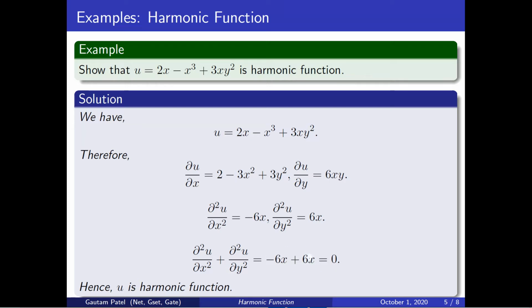Minus 6x plus 6x, we get 0. Therefore u satisfies the Laplace equation, hence u is a harmonic function. This is the method to prove whether a given function of two variables is harmonic or not. If it is not satisfied, then it is not harmonic.